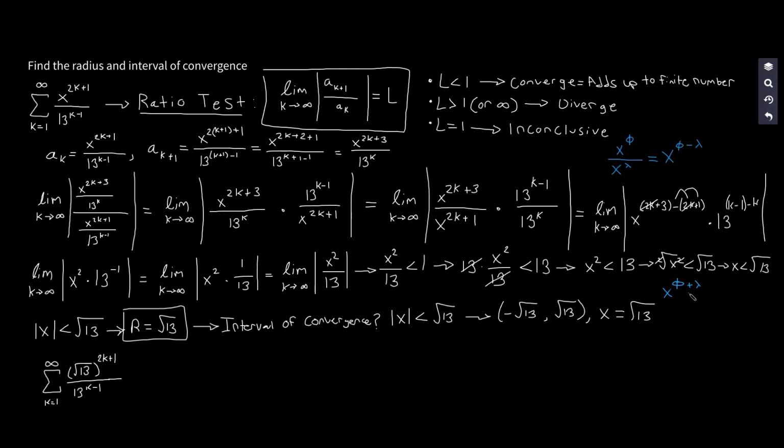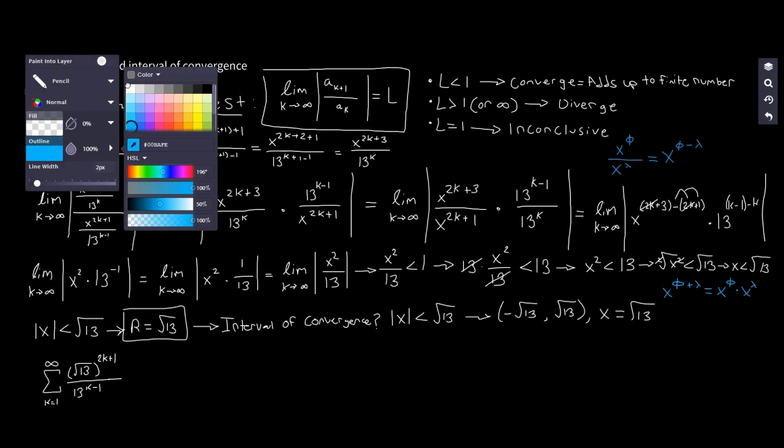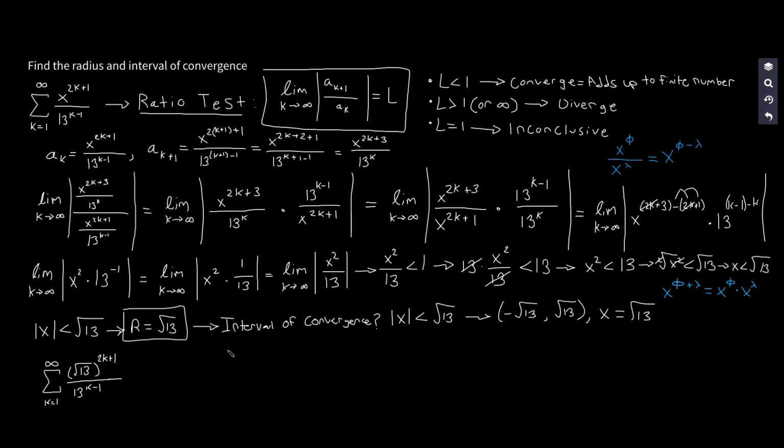It's the same thing as x raised to the power of phi times x raised to the power of lambda. Exact same thing. So what does that mean for our numerator? That means that the numerator could be rewritten.